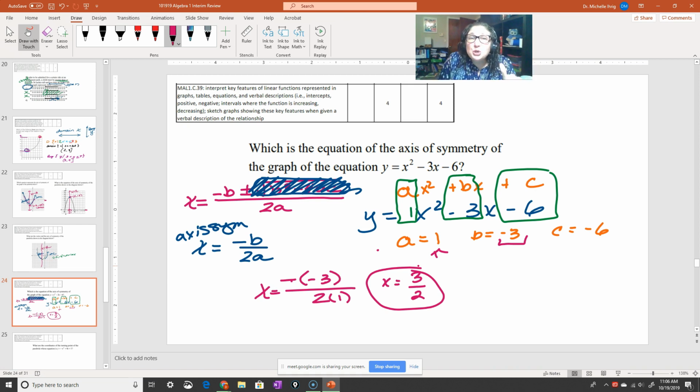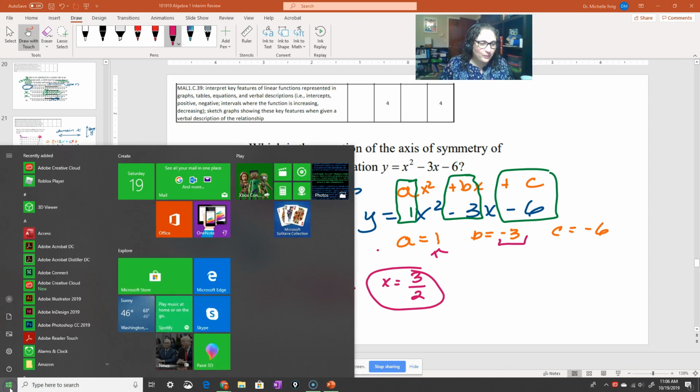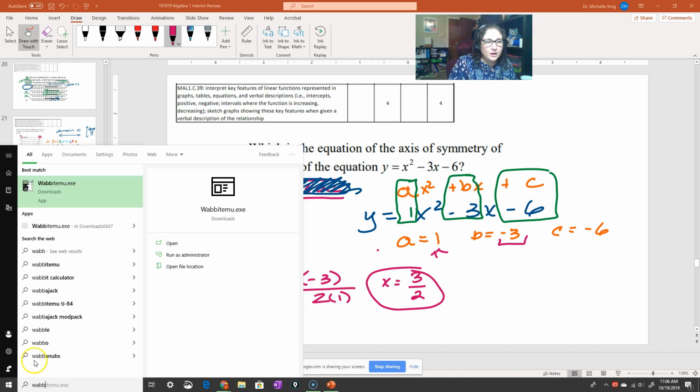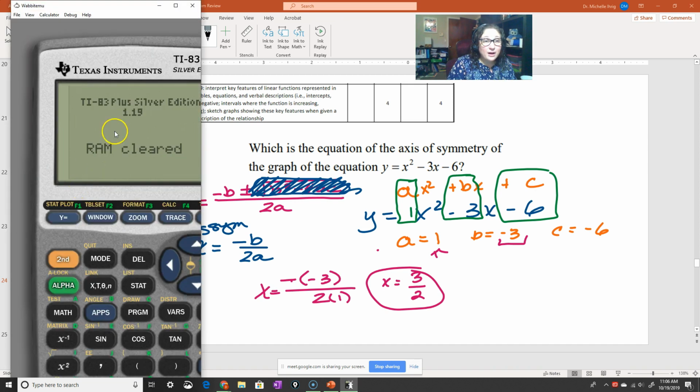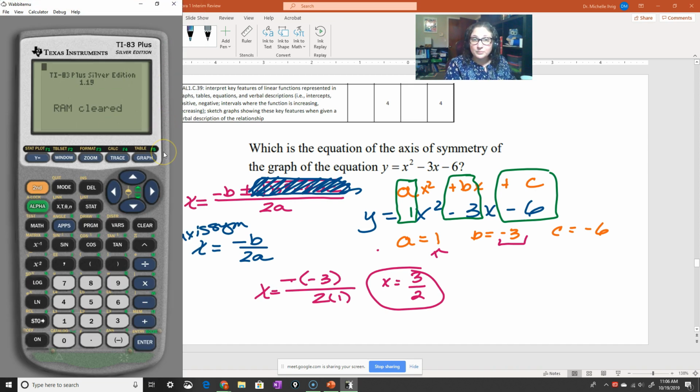Technically speaking, you could have just typed that whole thing into your graphing calculator, into y equals. Let me open up my calculator real quick. Because we're not adding or subtracting anything, you could have just typed in x squared minus 3x minus 6 and graphed it and looked at the graph.